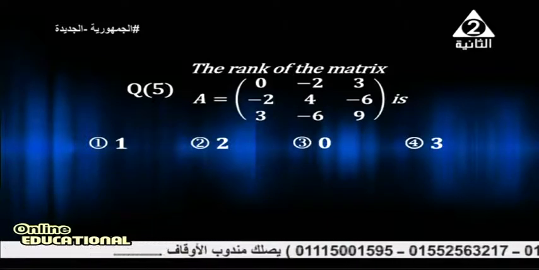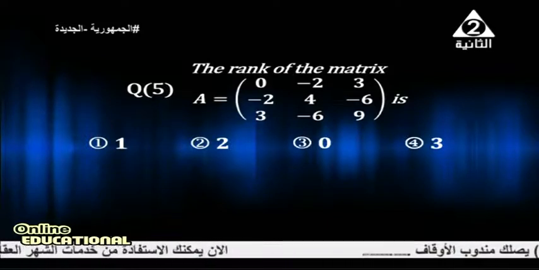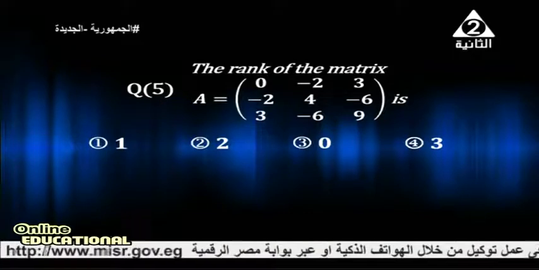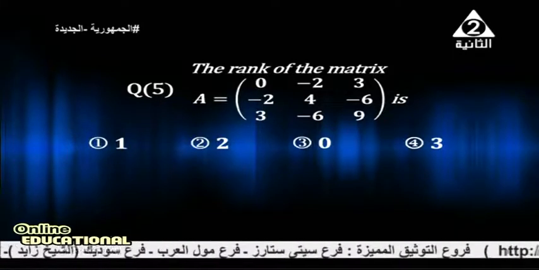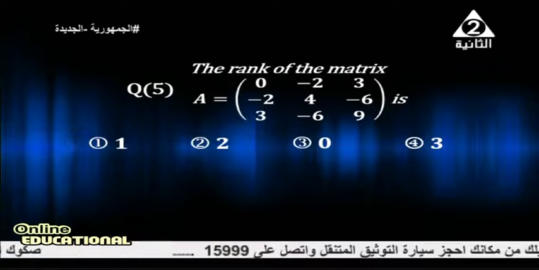Before we choose the correct answer, my dear student, we must read carefully and think before we solve. What is the relation between rank and the rows and columns of the matrix?